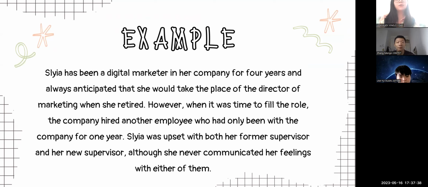Sylvia was upset with both her former supervisor and her new supervisor, although she never communicated her feelings with either of them. This example involves the primary cause of conflict, which is information, because Sylvia didn't get any information about the position, and also Sylvia didn't communicate well and properly with her supervisor.